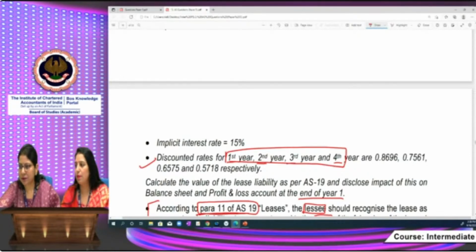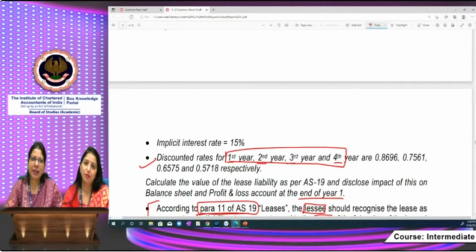Muhammad is asking, ma'am, is the ICAI study material enough to clear the exam? First of all, from the accounting standards perspective only, each and every accounting standard covered in the curriculum has been explained in a very detailed manner, in very simple language for better understanding, so that you can clear your concepts and apply them while solving practical problems.